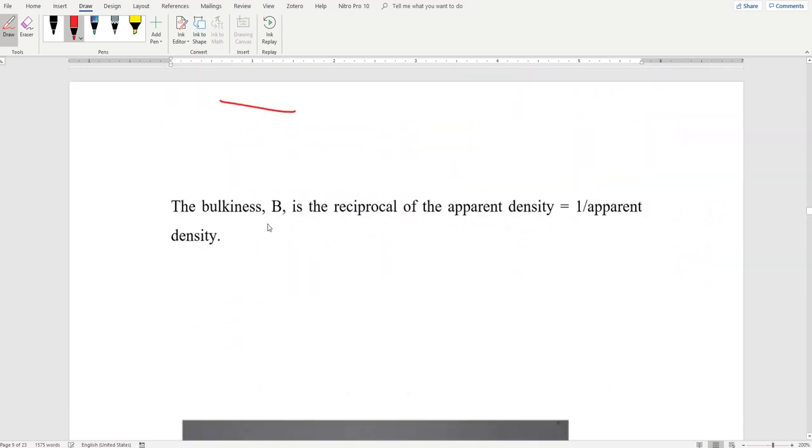Now, what is the opposite or reciprocal of the apparent density? It is 1 divided by the apparent density. We call this bulkiness. Bulkiness.